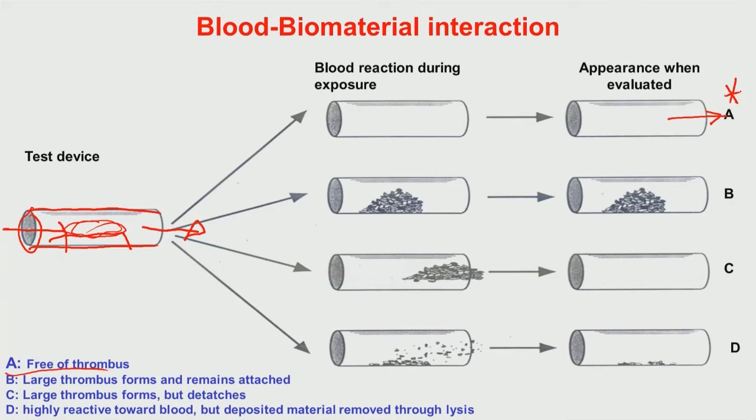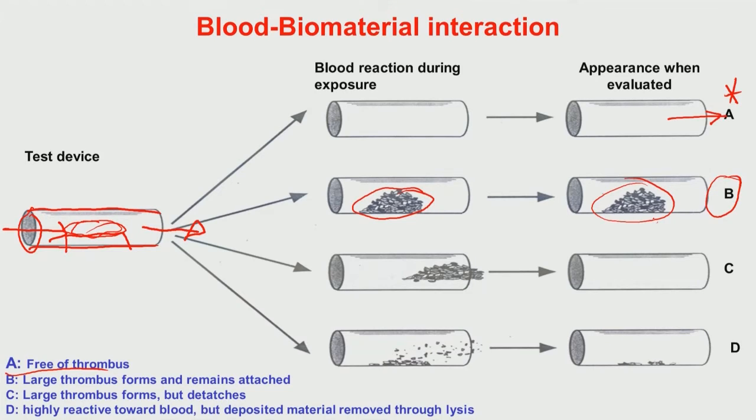In the second case, there is a very distinct thrombus formation. Even when the blood flow is stopped, this thrombus will remain adherent to the material substrate. I put a circle here, this is B. This is not at all acceptable in terms of biomedical applications.